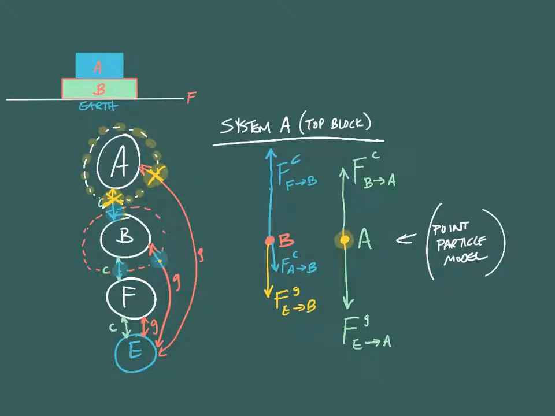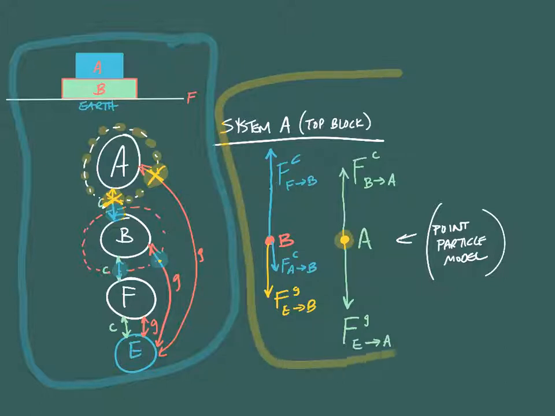So that's a force diagram. So we've gone from this stuff, which is the system schema stuff, and this stuff is the force diagram stuff. System schemas and force diagrams.